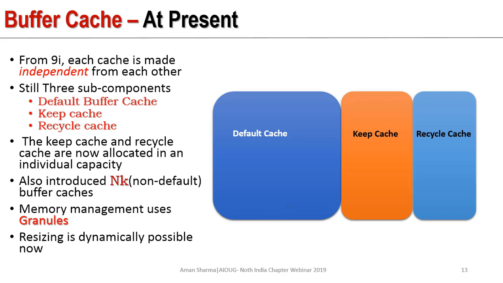Besides the standard caches, you also have the non-default buffer caches, which serve those tablespaces that have block sizes that are not your standard block size. So besides the default caches, we also have the NK caches available to you.